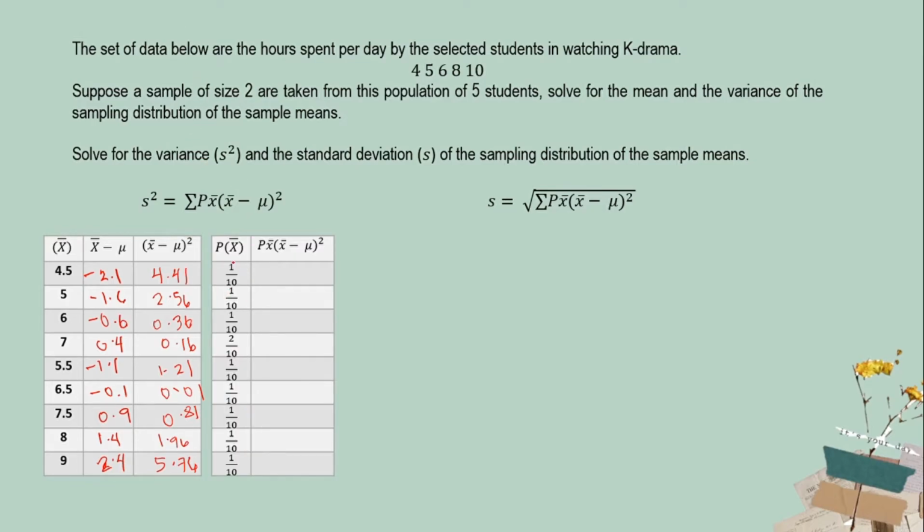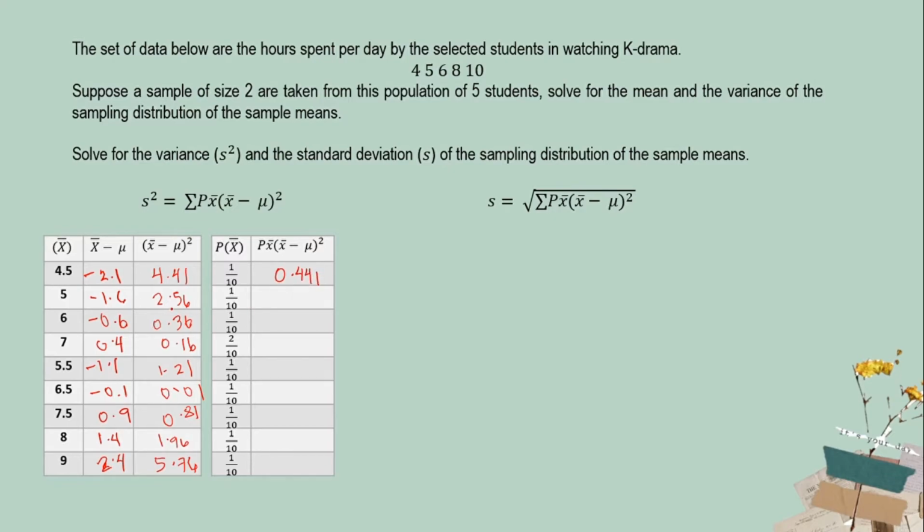So next, the P of x̄, nakuha na natin to kanina. So we have 1 over 10, except for this sample mean 7, which is 2 over 10. Now we're going to multiply the P of x̄ to the values that we get from x̄ minus μ squared. So 4.41 times 1 over 10 is 0.441.